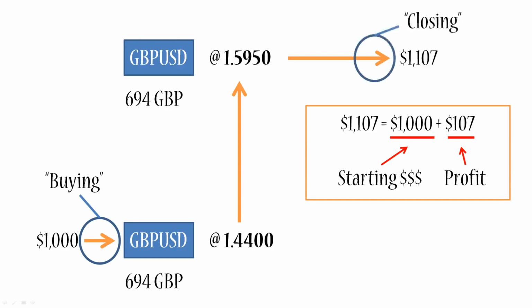The second transaction is called closing. So even though he actually sells the British pound for dollars, because this is the second part of one integral buying transaction, in Forex we call it closing rather than selling, so that we don't confuse things. So you open a transaction by buying and then you close that transaction. So these are the mechanics behind a bullish transaction on the Forex market.